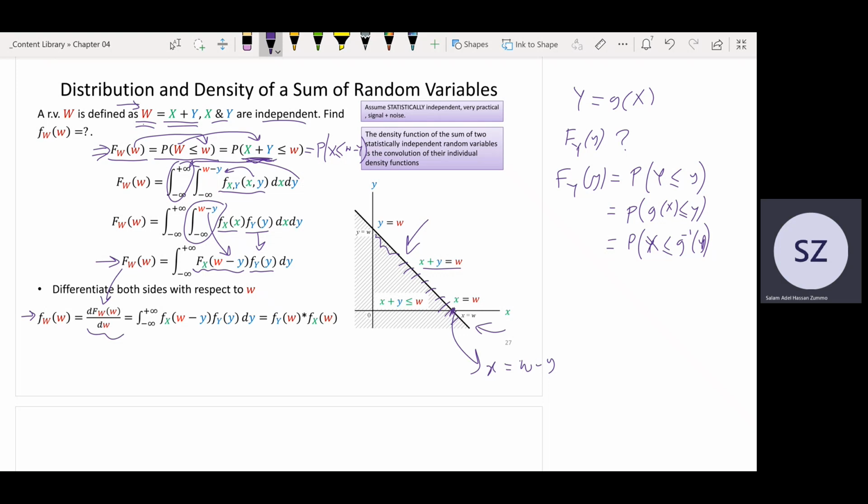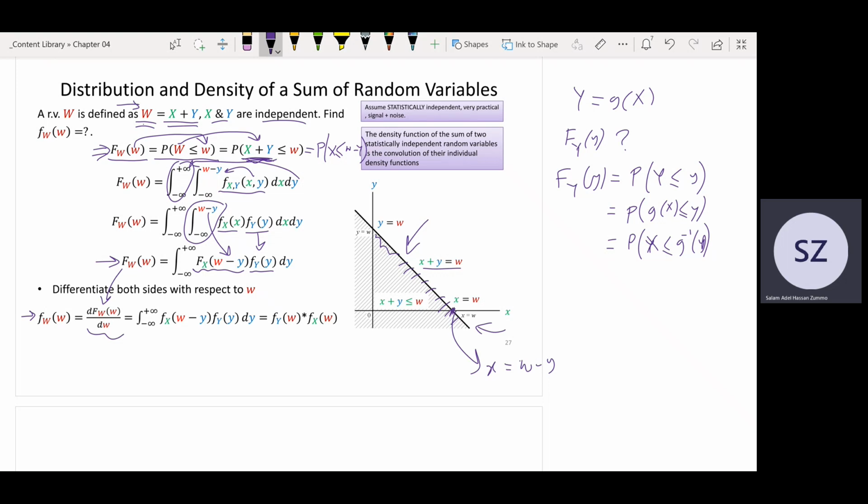And so integration is just a summation. So don't be scared when you differentiate a summation. When I differentiate this, I'm differentiating a summation of this function. Where is w here? In the CDF. So this has nothing to do with w. So I'm differentiating a summation of this function multiplied by another function, which is constant with respect to w, so it comes down as it is.